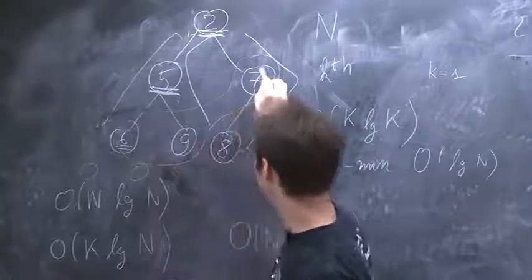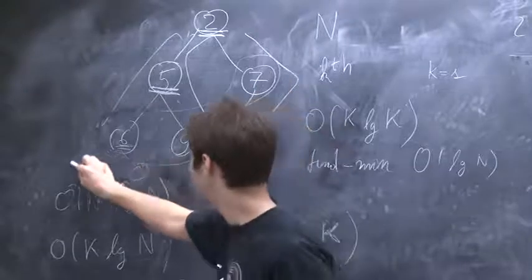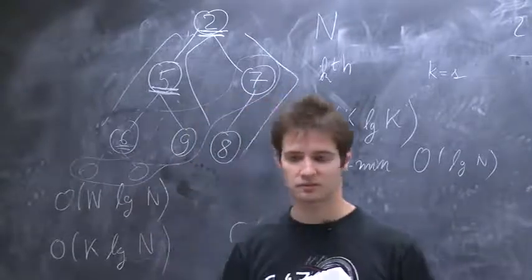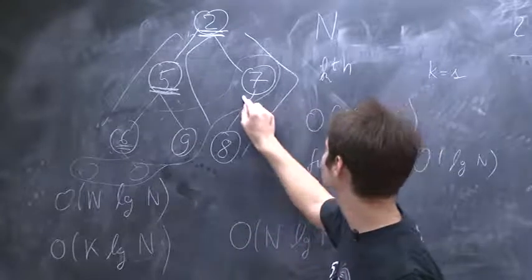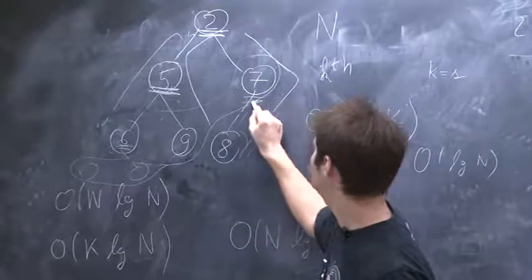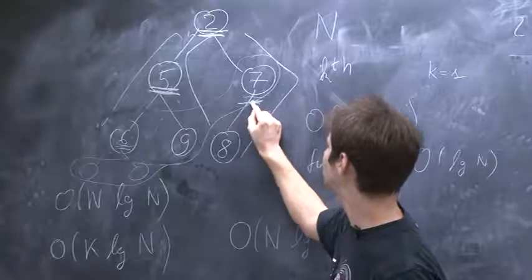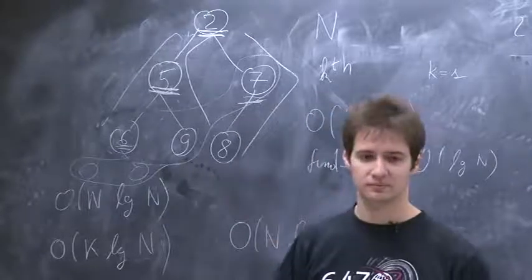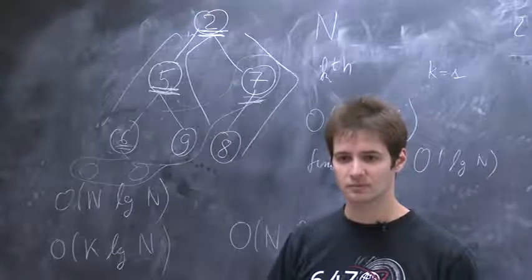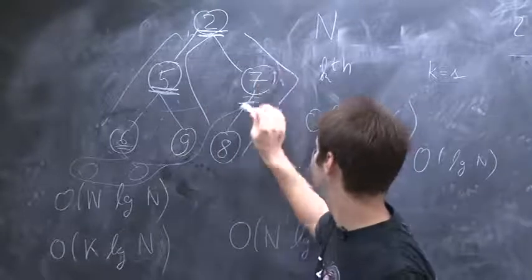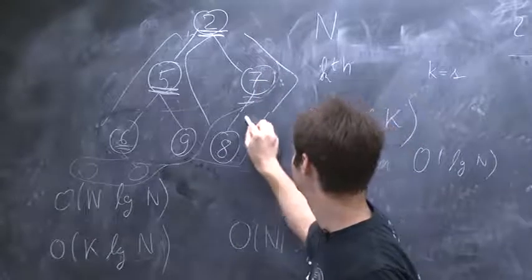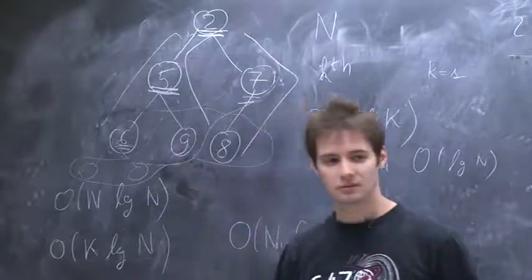The fourth has to be either these two guys or the kids here, right? And it happens to be 7, so I take it out. If I want to find the next element, who's in the race? This guy gets out of the race. 7's kids and the other kids.